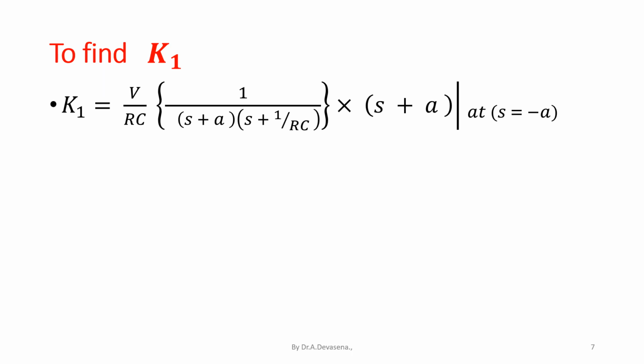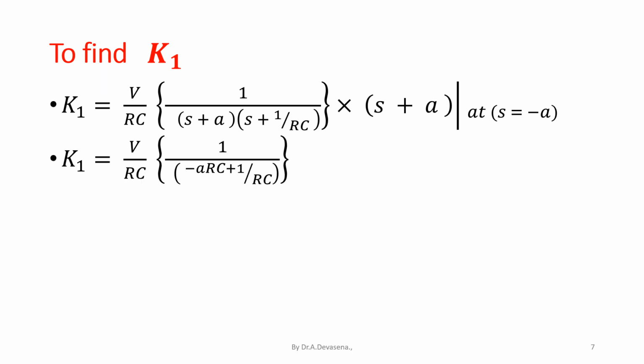Here the term s plus a present in the numerator and denominator gets cancelled, and if you substitute the value of s equal to minus a, we get K1 is equal to V divided by RC, open the bracket, 1 the whole divided by minus aRC plus 1 by RC.